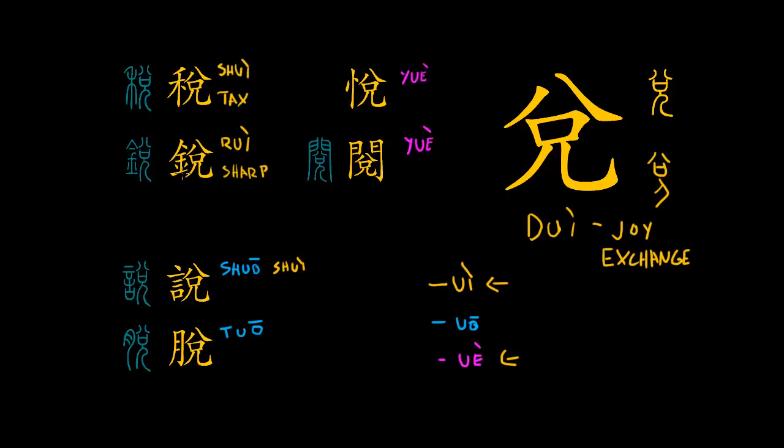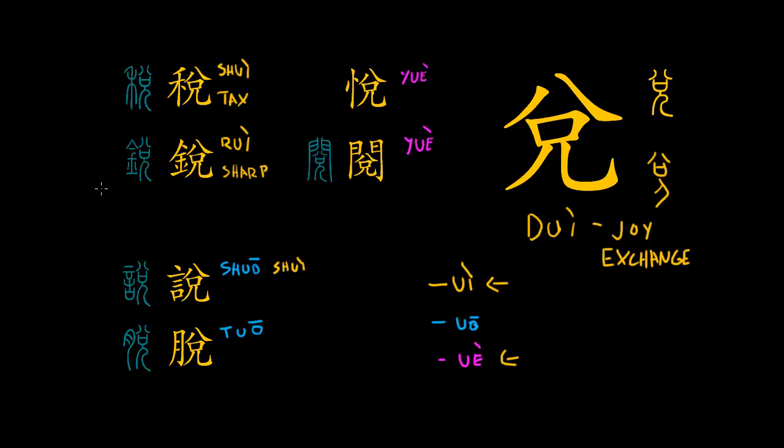The way you see it written over here on your screen is the traditional way we write it, and simplified is written like this, if I'm not mistaken. Something like that.